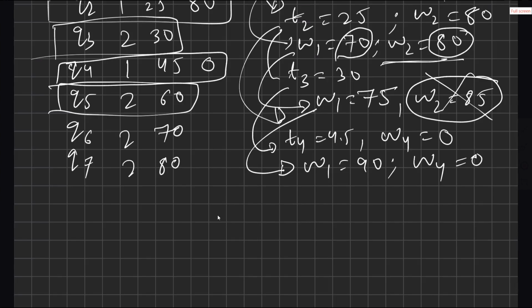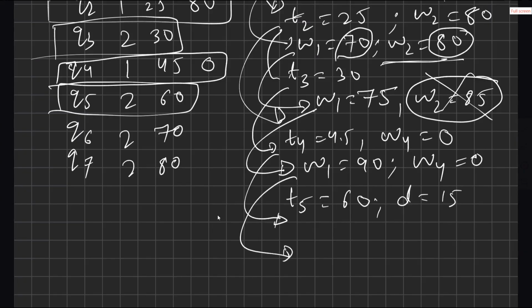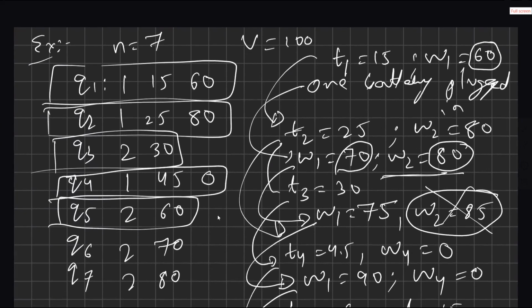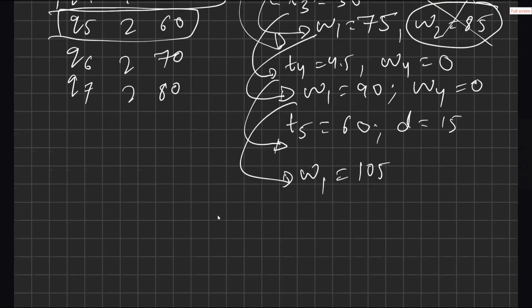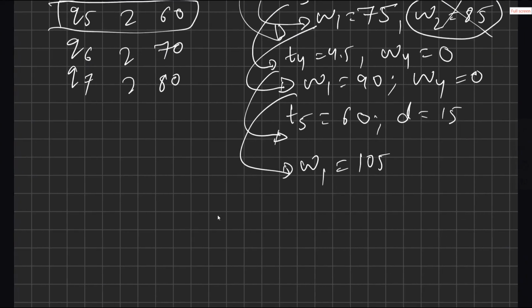Now let's come to query 5, which is of type 2, which means we have to remove the battery which has the highest charge. The time is now 60, so the difference is 15. 15 units of time have passed, so what will be the voltage of the battery? If you simply blindly add 15 to 90, it is going to be 105. But the maximum voltage a battery can reach is 100, so it will not be 105, it will be 100.